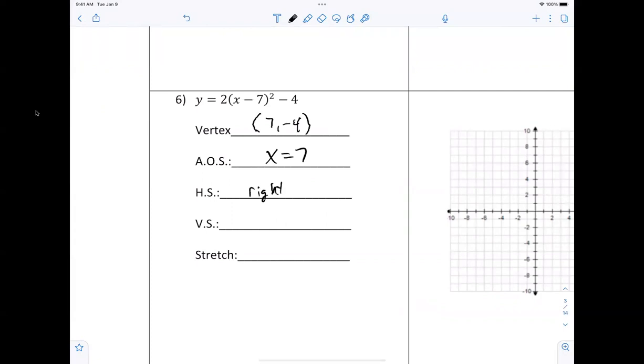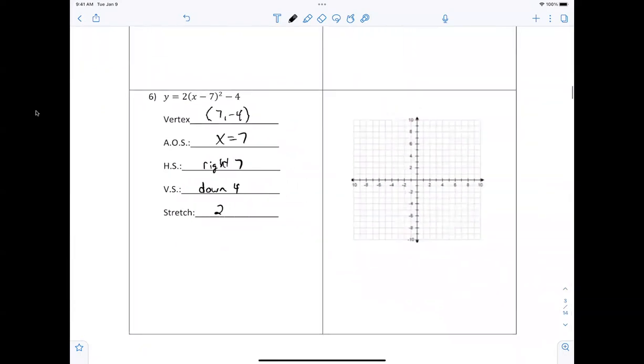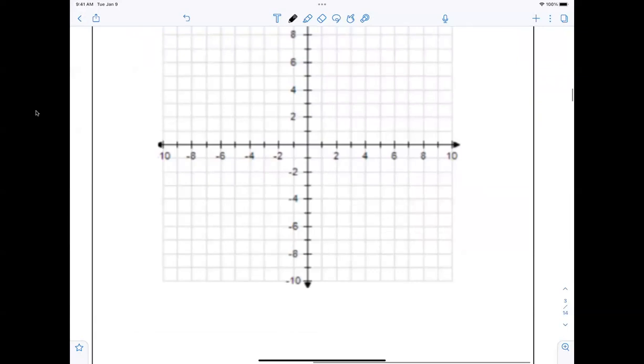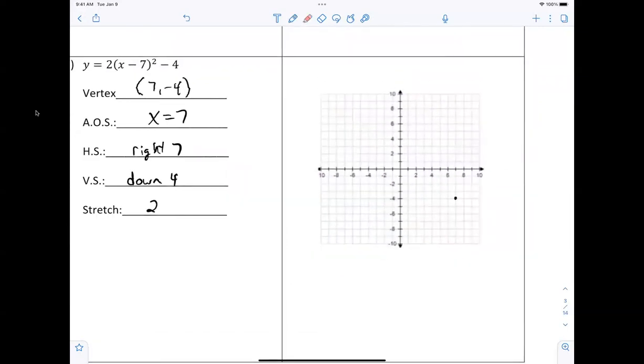You went right 7, and then down 4, stretches 2. Well, I feel pretty good about this. So we go 7, -4. We can draw in the axis of symmetry just because.